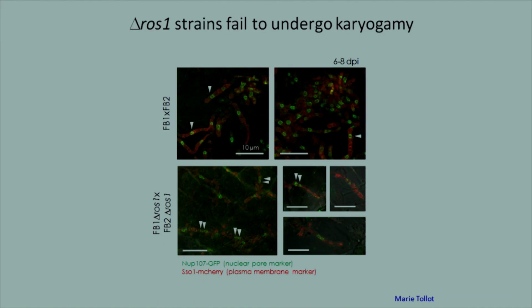And the spores that come out are diploid. So we have here looked at the wild type fungus, and at this stage, I think this is about day 6, you can see that per cell we have only one nucleus. So obviously the nuclei have fused already. In the mutant, however, you can clearly see there are always 2 nuclei. So they are unable to fuse, to undergo karyogamy.